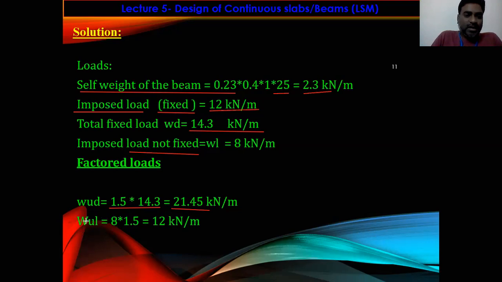Similarly, for the not fixed load, that is WUL, it is 8 into 1.5, which gives 12 kilonewton per meter. So these are the factored loads for fixed and for not fixed, right?